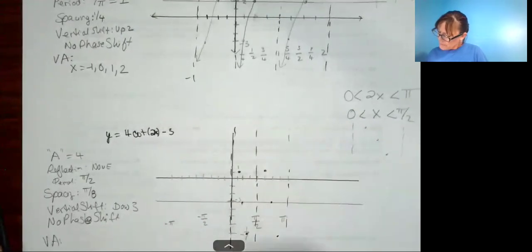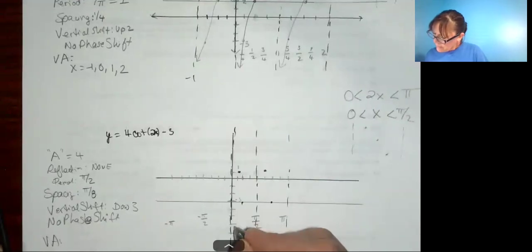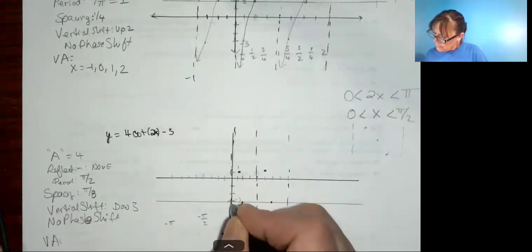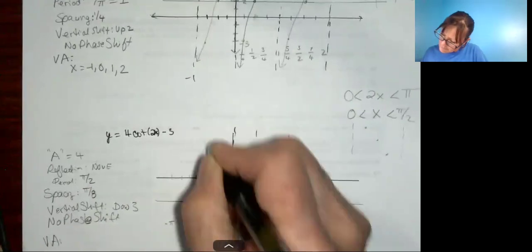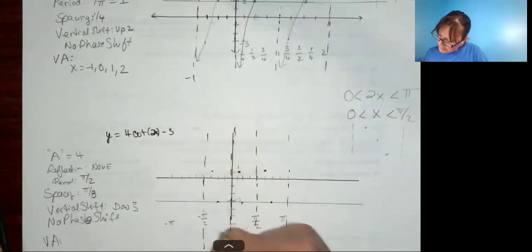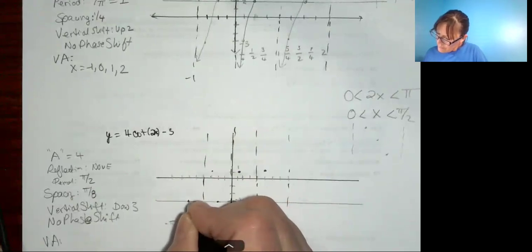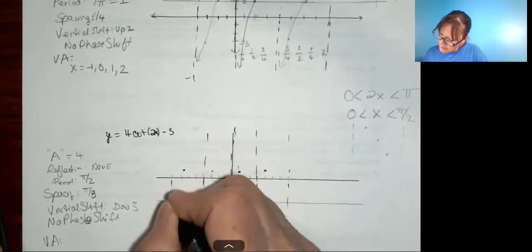If I'm going backwards, first one will be low, and then it'll be middle, and this will be high, and this will be asymptote. This would be low, middle, high, and this would be asymptote.